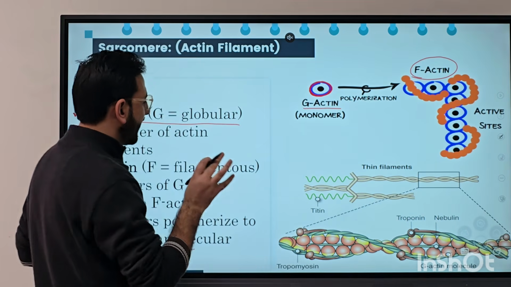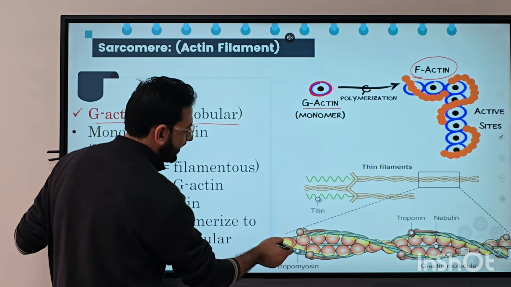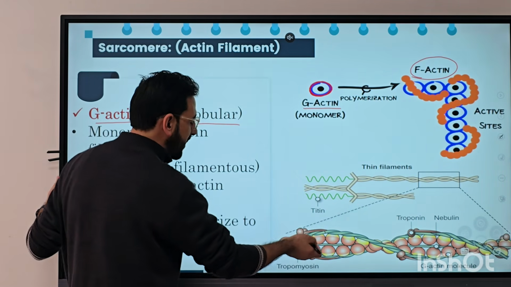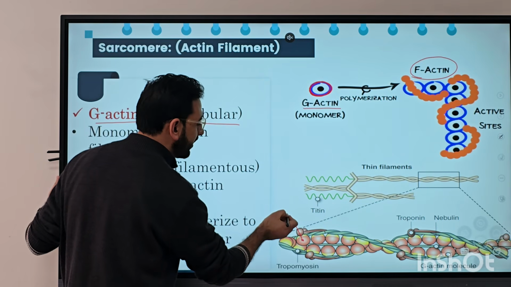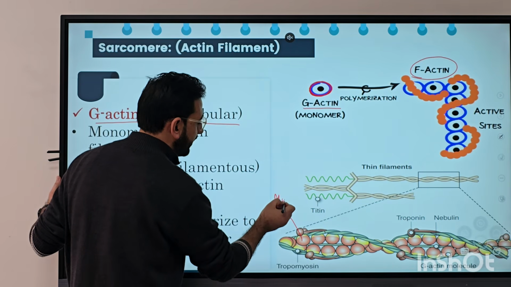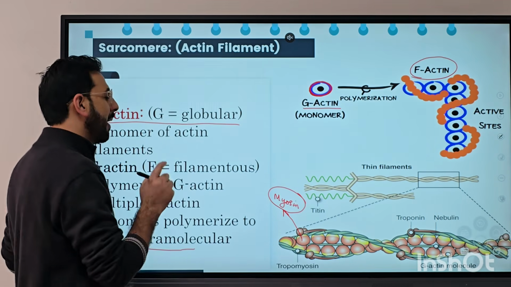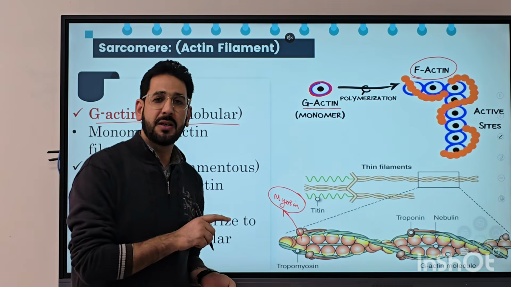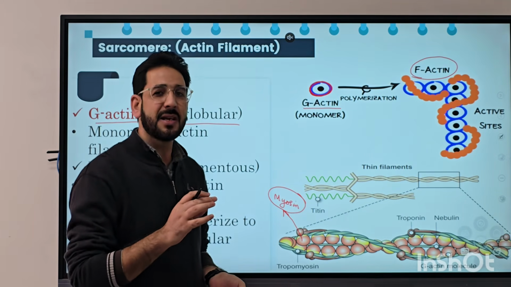Okay, now in the actin, these actin monomers are making the polymer of actin. These actin monomers have the binding sites for the myosin. They have the binding sites for the myosin, and that binding site provides the attachment to the myosin, because it is the binding site for myosin only.